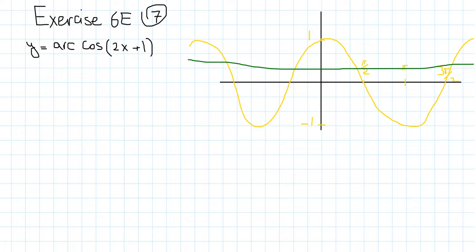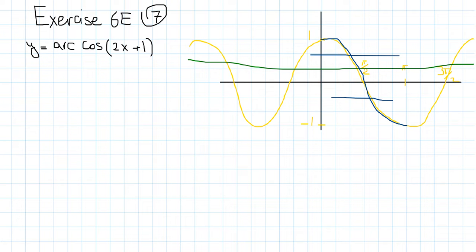The whole domain is from minus infinity to positive infinity, but it is not accepted. I should find a restricted domain, and the best way is from here to here. If I draw a horizontal line, it can intersect in one point only. So it is 1 to 1 from here to here.